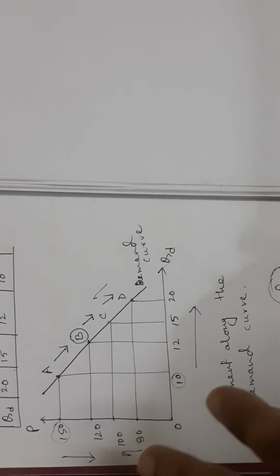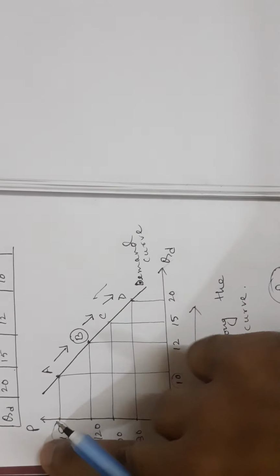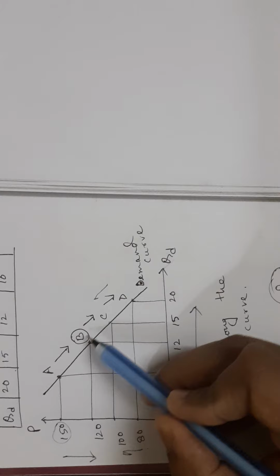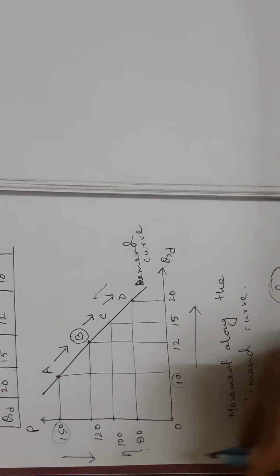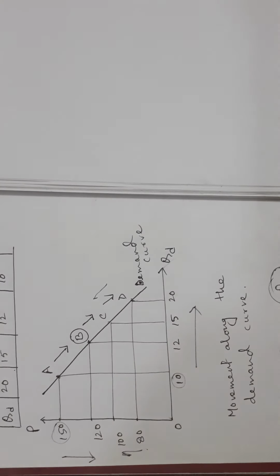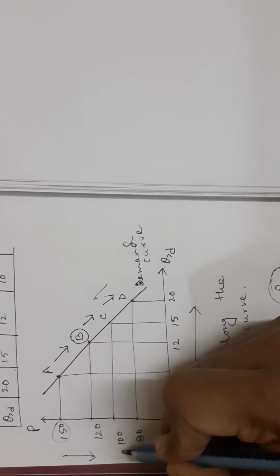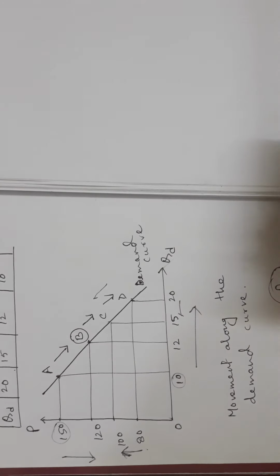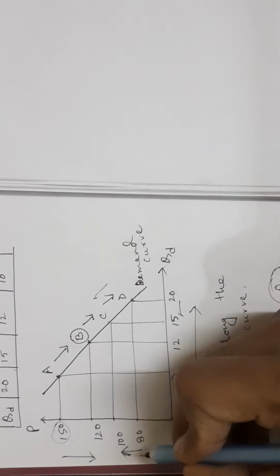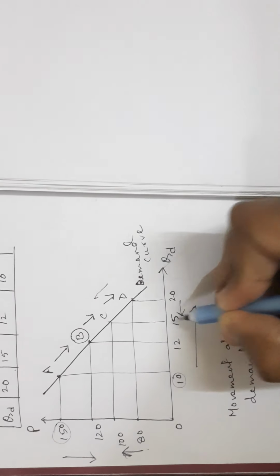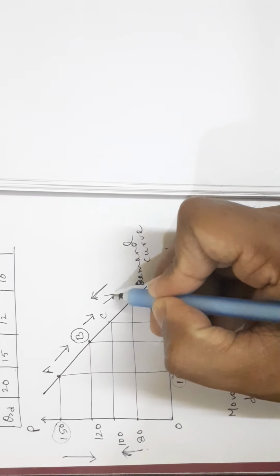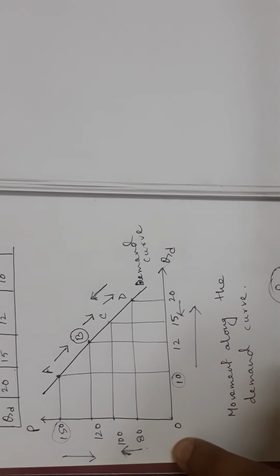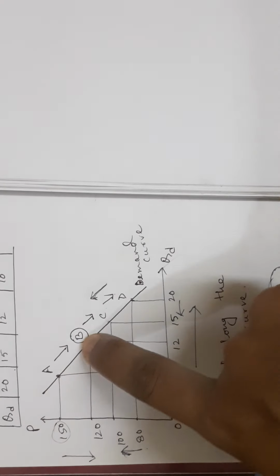So you see, if the price continues to fall, definitely the demand is rising, and there will be movements from point A to B to C to D. And in contrast, if the price rises again from 80 taka to 100 taka, the consumption falls from 20 to 15, and our position on the demand curve will move back from D to C. So these occur because of changes in prices, and this is called movement along the demand curve.